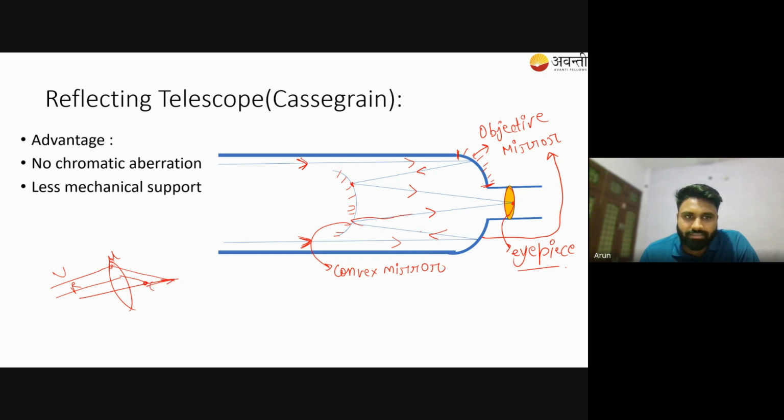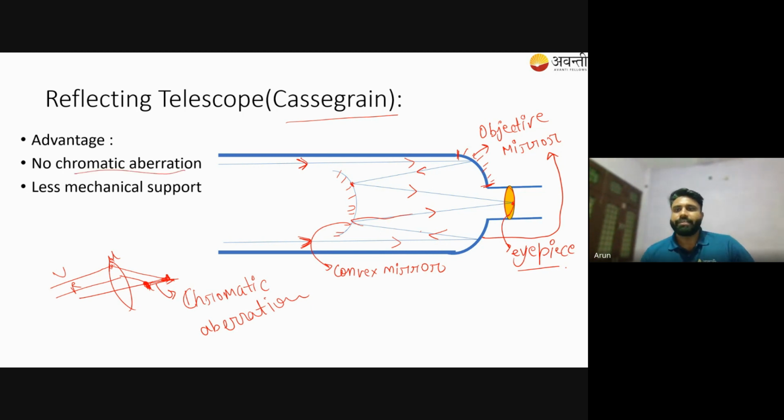So this difference, because these rays are coming from the object, is termed chromatic aberration. Okay. So by using this reflecting telescope, also termed Cassegrain, it reduces the chromatic aberration.